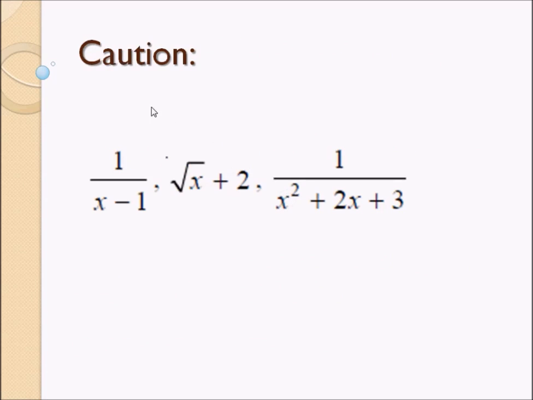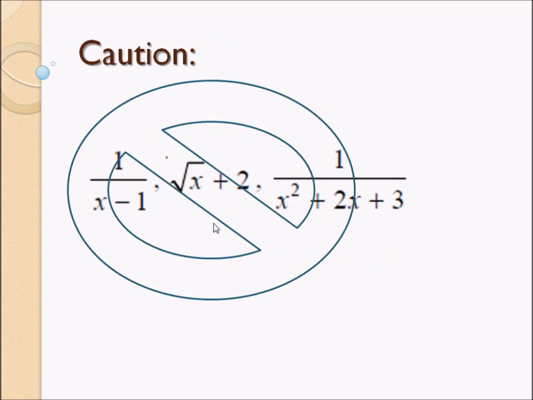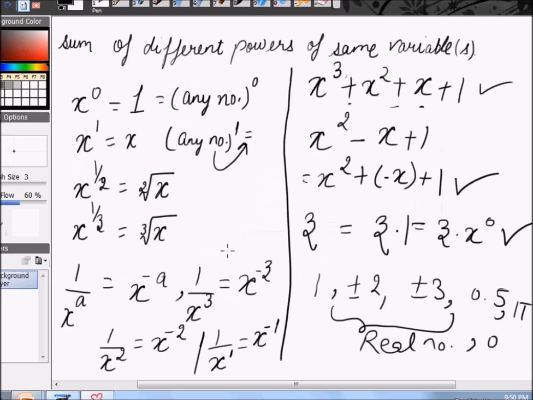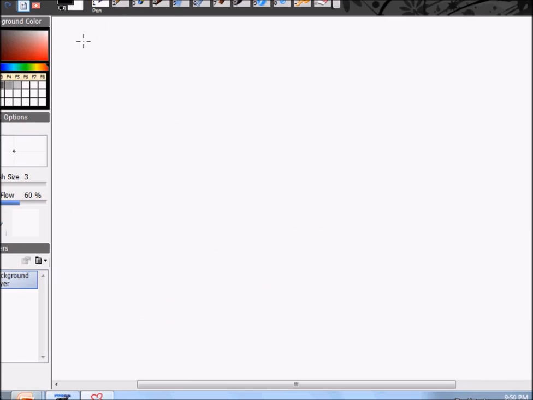Now here is a caution for all of you. Not all given terms are polynomials. Let us see how. The first term says 1 over x minus 1.